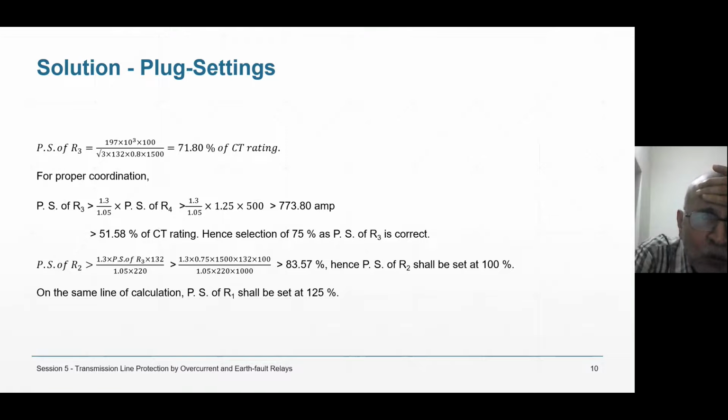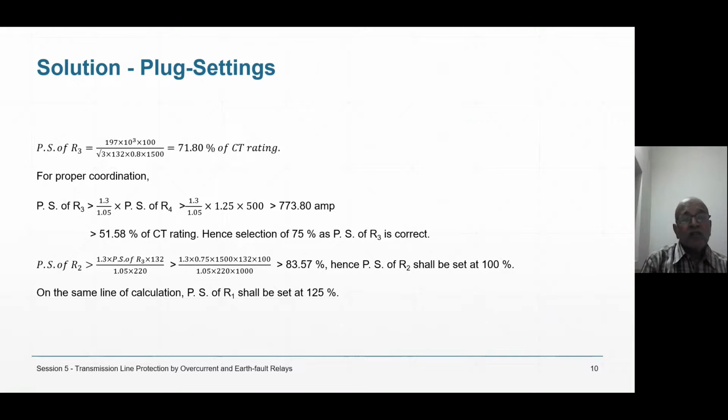So for R2, 1.3 divided by 1500 of 0.75 into 132 by 220 transformation ratio, and 1000 bar 1 is the CT ratio. So there PS of R2 is 100%. And on the same line of calculation, PS of R1 shall be set at 125%. So like this, you can set the critical plug settings.